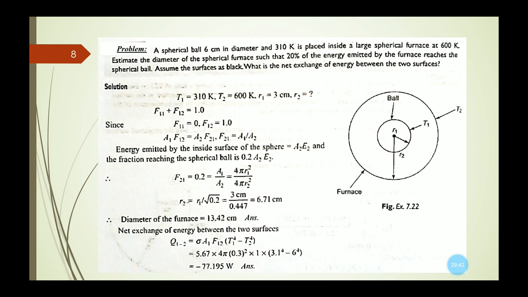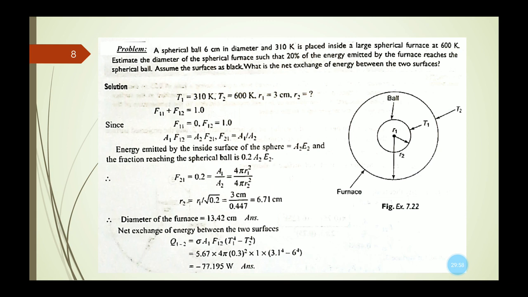Now in shape factor algebra, if we use the principle of conservation, then you can write that F11 plus F12 equals 1.